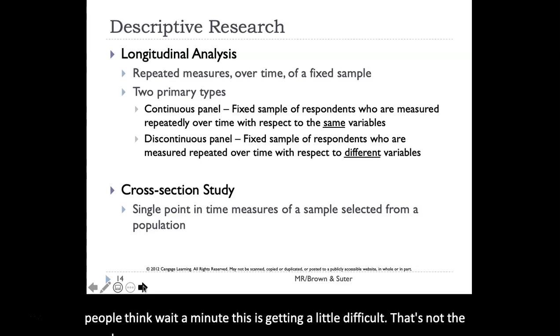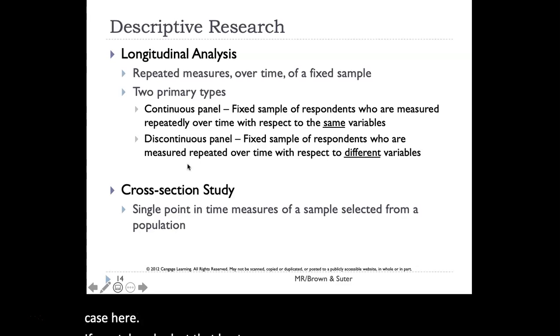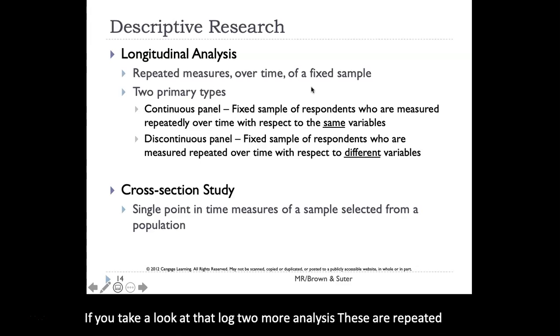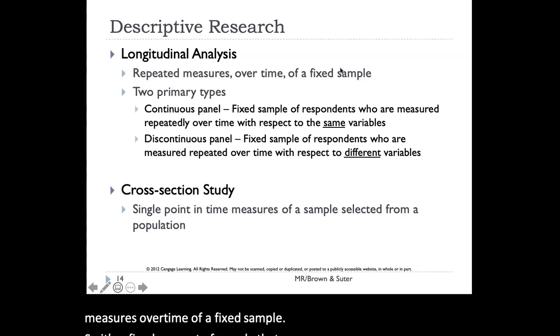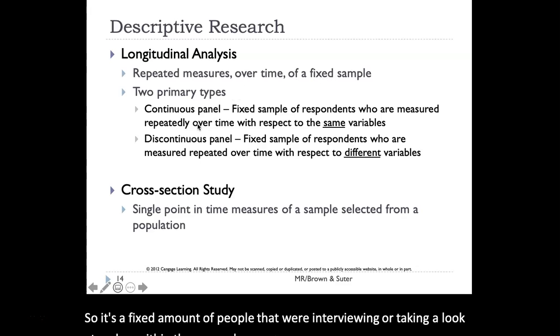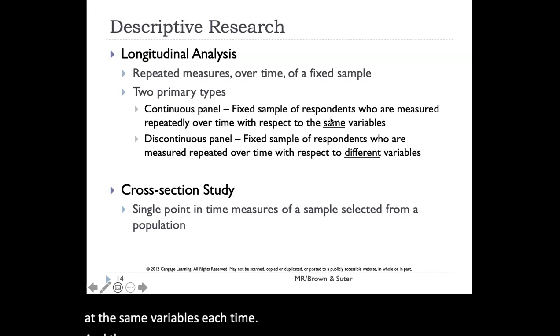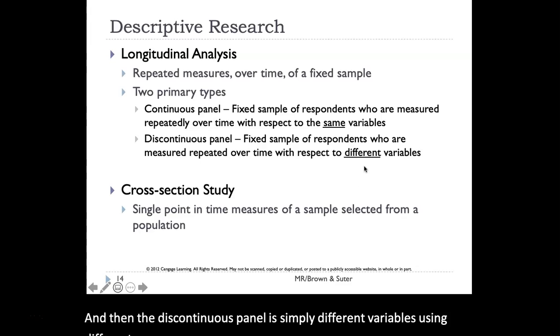If you take a look at that longitudinal analysis, these are repeated measures over time of a fixed sample. So it's a fixed amount of people that we're interviewing, we're taking a look at. And so within those panels, there's continuous panels where we look at the same variables each time. And then the discontinuous panel is simply using different variables.